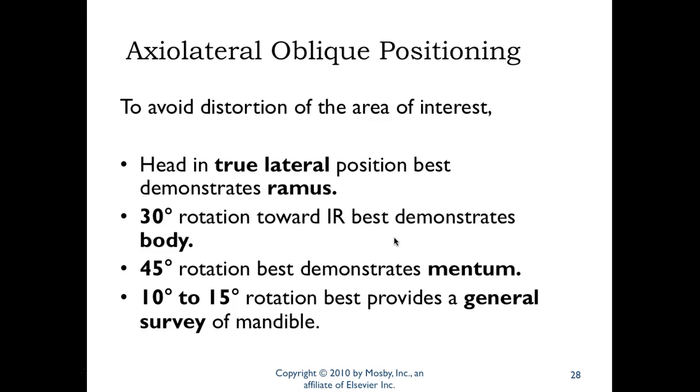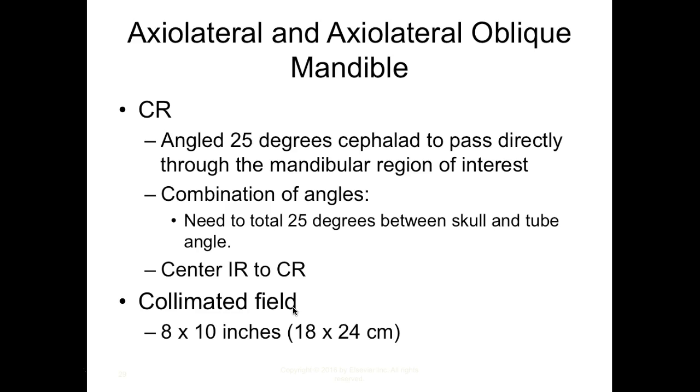So here, head in true lateral for the ramus, 30 degrees towards the IR for the body, and we're going to go 45 for the mentum, okay? And we're going to do a 10 to 15 degree rotation for just a general survey. If we don't know what's going on with the patient, we're just going to oblique them 10 to 15 degrees so that we can see an overall view of the mandible.